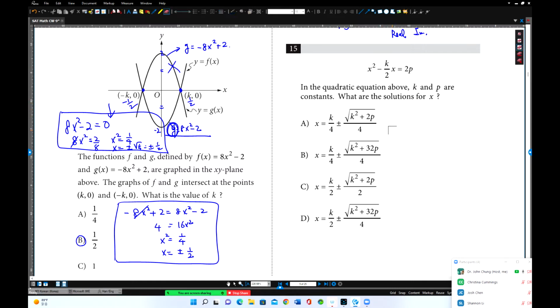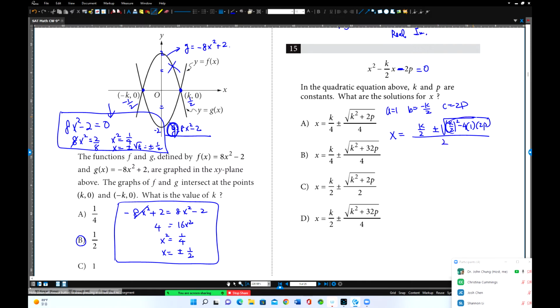Do not use this one. I'm going to show you why we have to change. In this case, a is 1, b is negative k over 2, and c is negative 2p. Put these numbers in the quadratic formula: negative b is positive k over 2, plus or minus the square root of negative k over 2 squared, minus 4 times a, which is 1, times c, which is 2p, over 2 times a, which is 2.